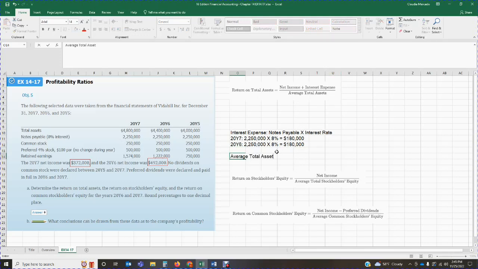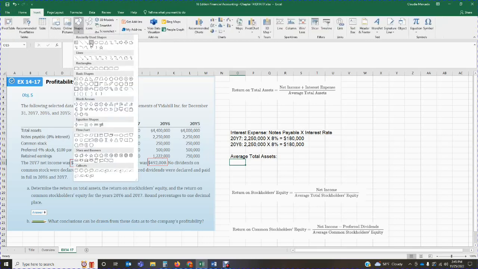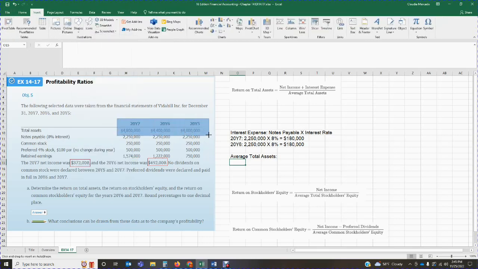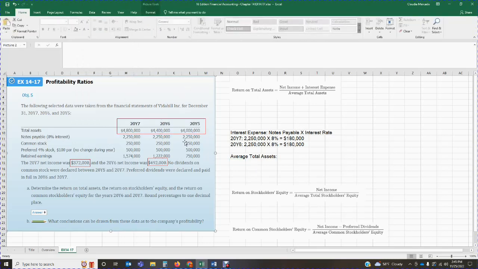To calculate my average total assets, we have our total assets up here. We're going to be using that data, the total assets, and we need to calculate the average because it was not provided to us. We just have the total assets components.